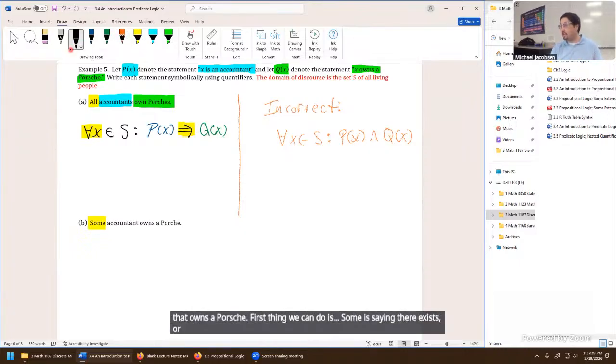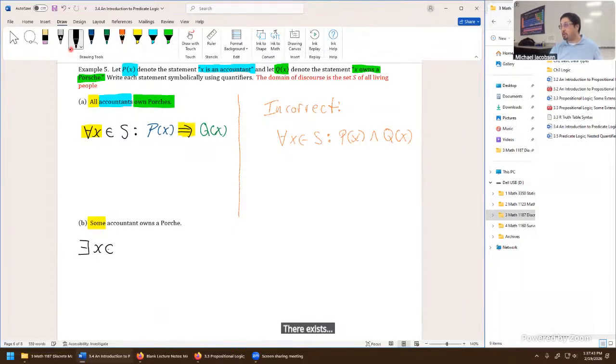So we can begin by saying there exists some person who's alive, so someone from the domain, all living people. There is someone such that some accountant owns a Porsche.